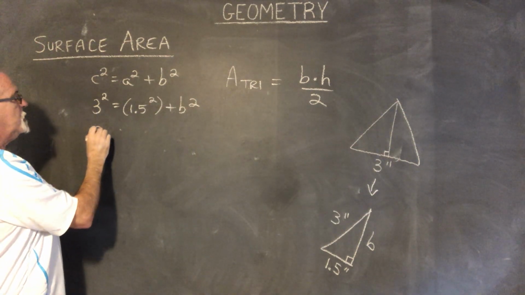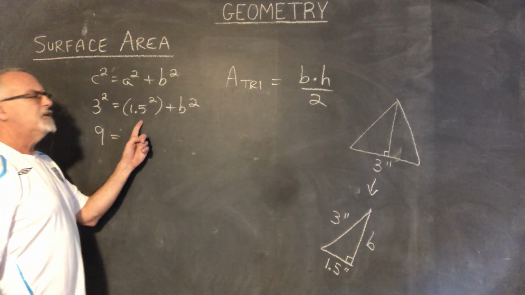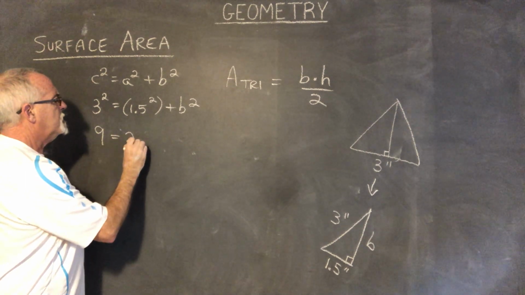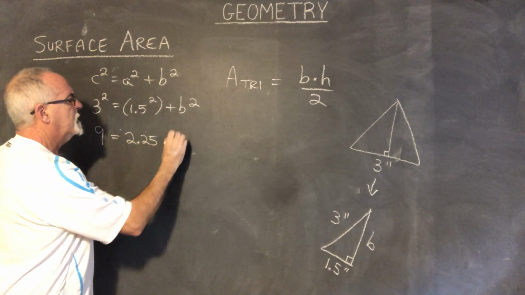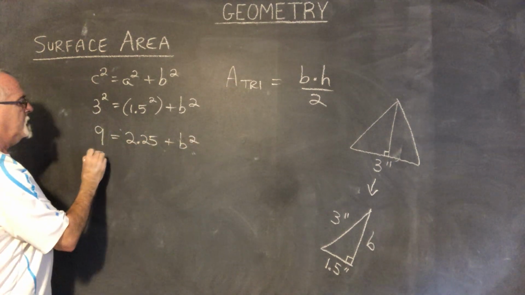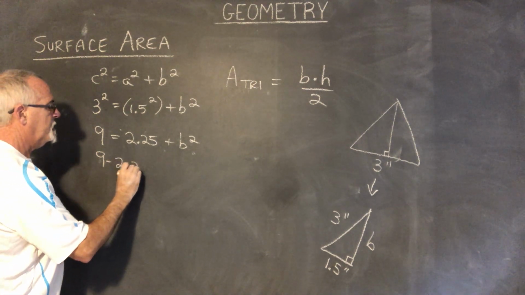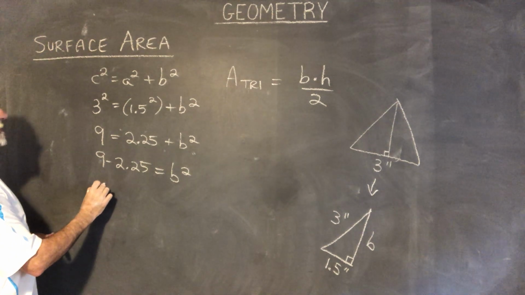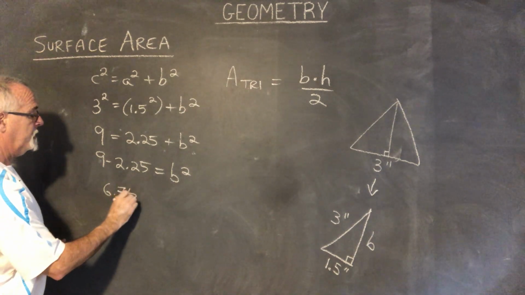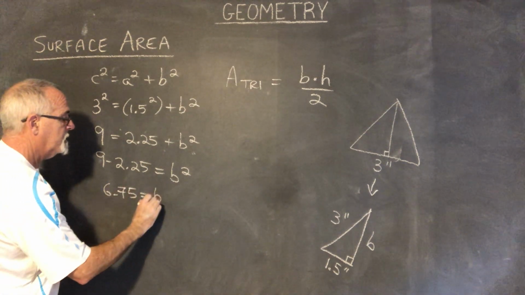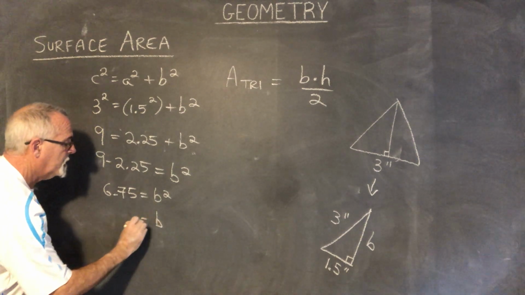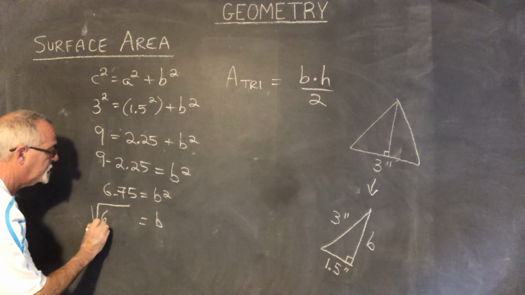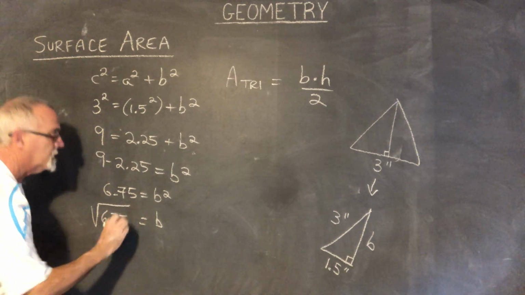Okay, 3 squared is 9, 1.5 squared is 2.25. 9 minus 2.25 equals b squared. Therefore, 6.75 equals b squared. B is therefore equal to the square root of 6.75. And what is that going to be?